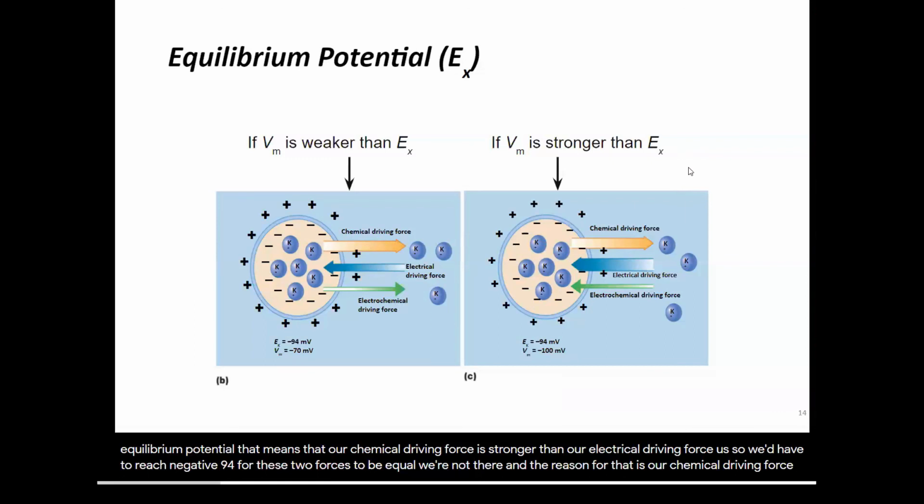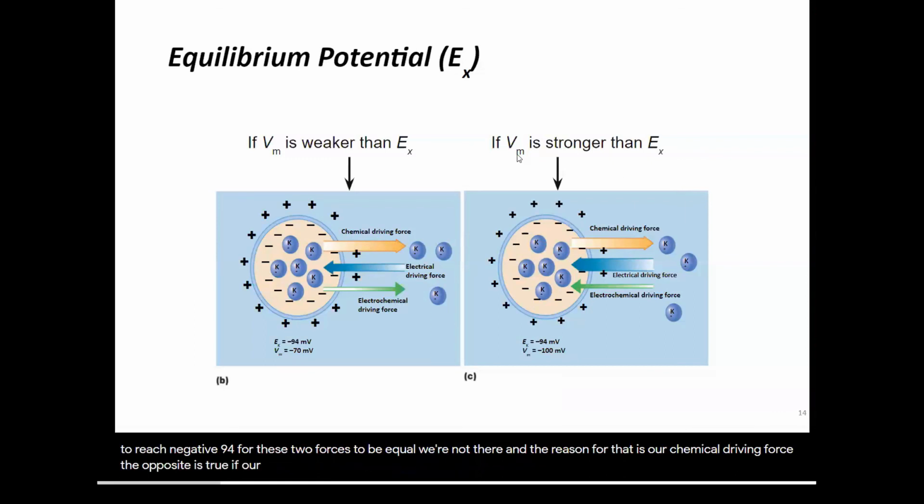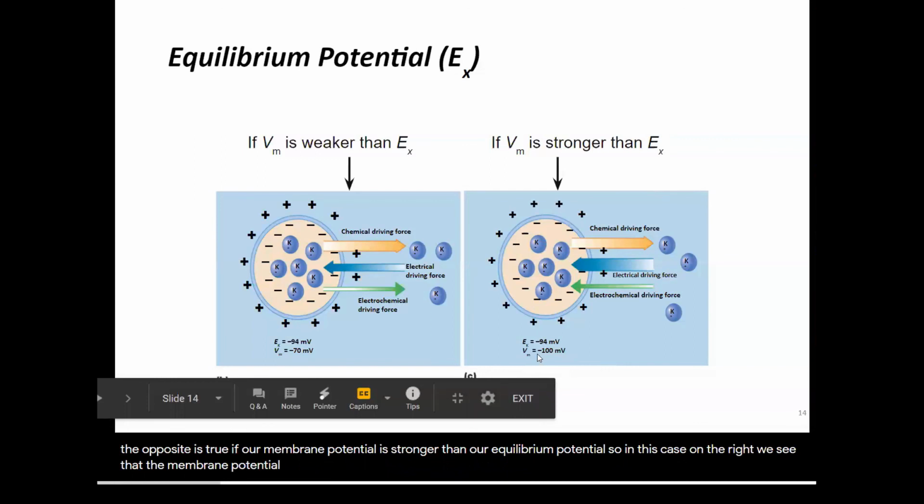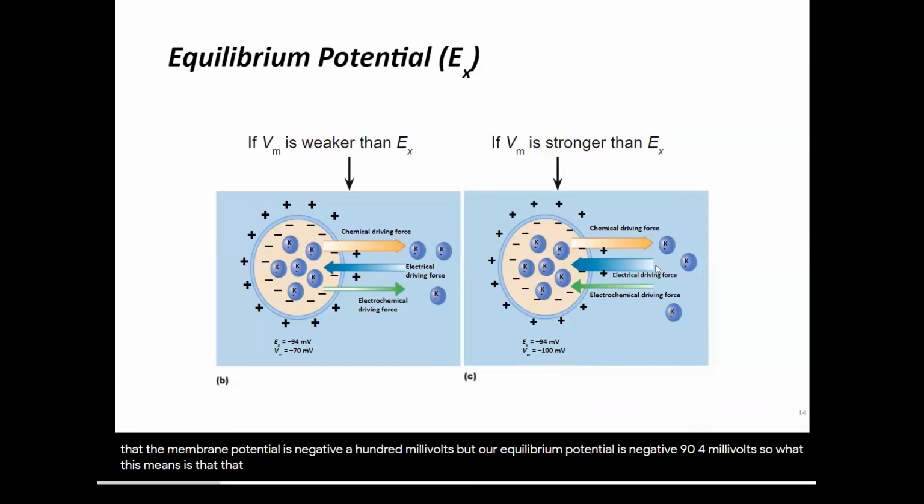Now, the opposite is true if our membrane potential is stronger than our equilibrium potential. So in this case on the right, we see that the membrane potential is -100 millivolts, but our equilibrium potential is -94 millivolts. So what this means is that that electrical driving force is stronger than our chemical driving force.